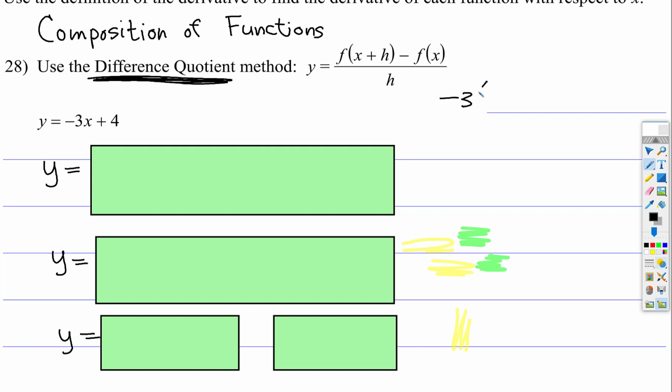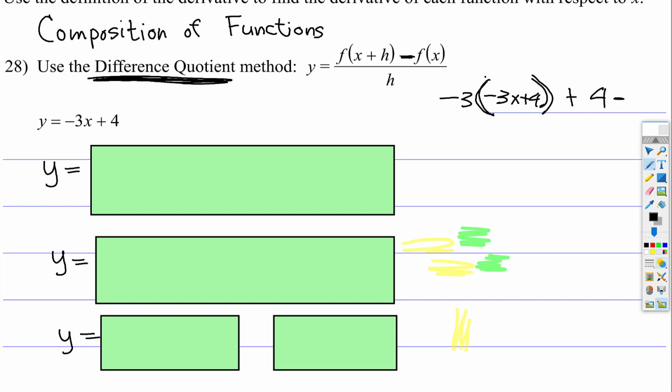So in this example, it would be -3 in parentheses. Remember that says -3x plus 4, so this becomes the x plus h, and inside where the x was, it becomes x plus h, plus 4. Then you subtract the original.